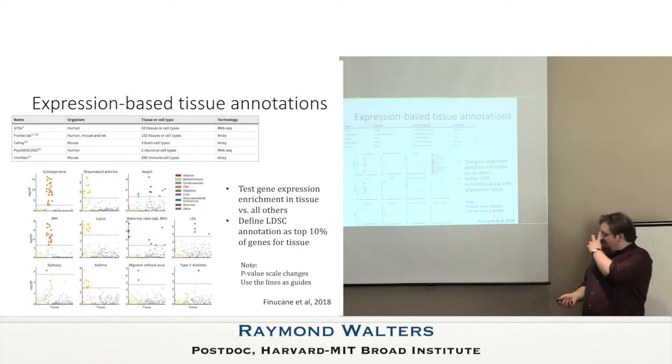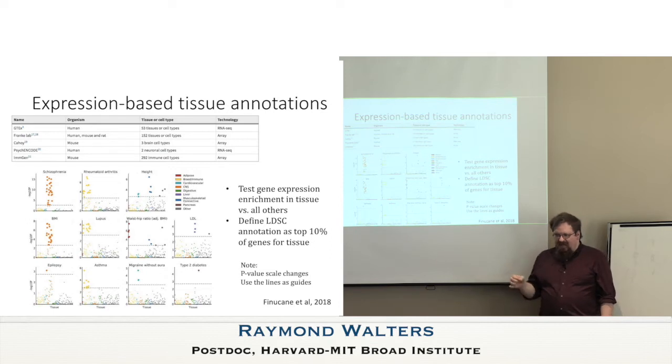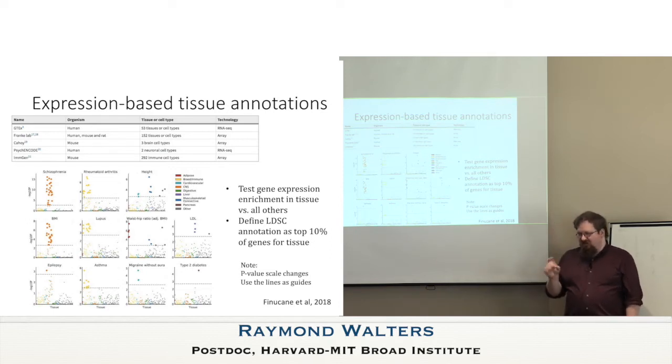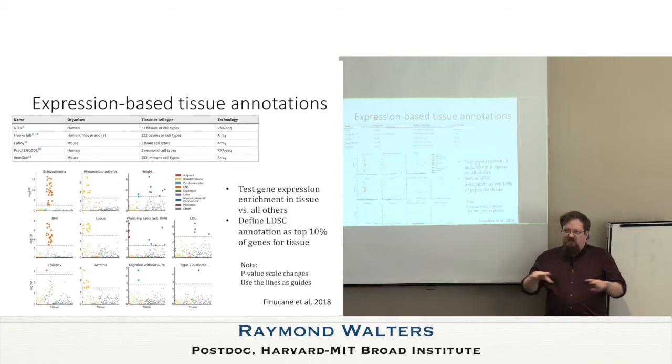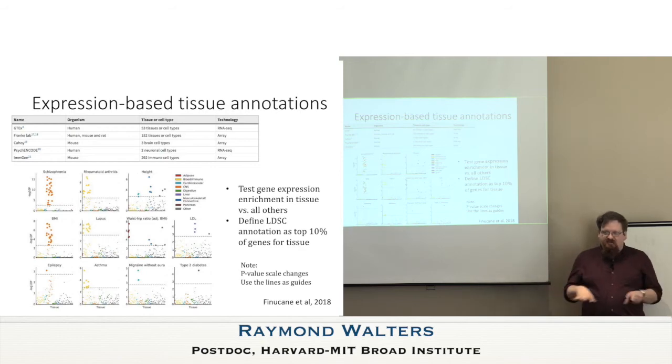And so in the set of plots used here, each point is the p-value for the test of tau for the annotation related to expression in a given tissue, conditional on a model with all the functional conservation type things.